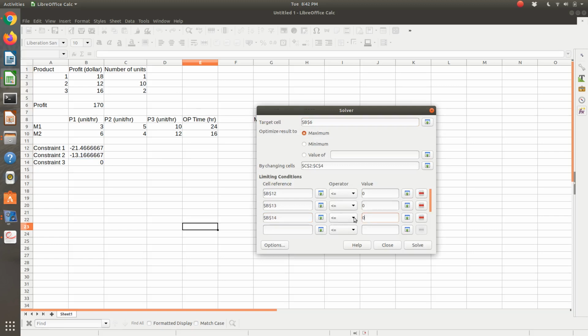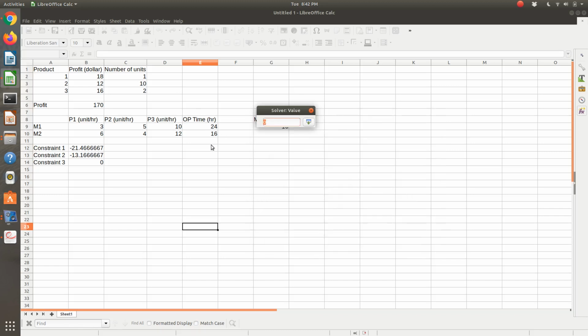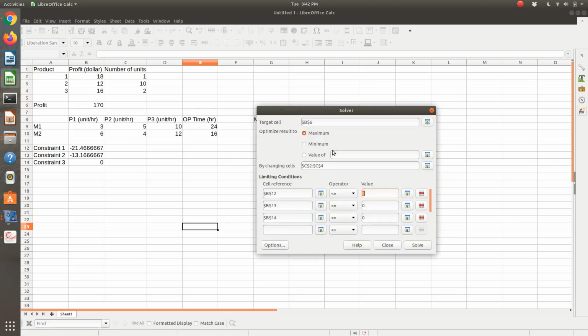This is also where I say it's totally up to you how you want to set up your constraints. I could just as well have referred to a cell, or I could have typed in a number. It really doesn't matter. It's totally up to you how you want to set the problems up.